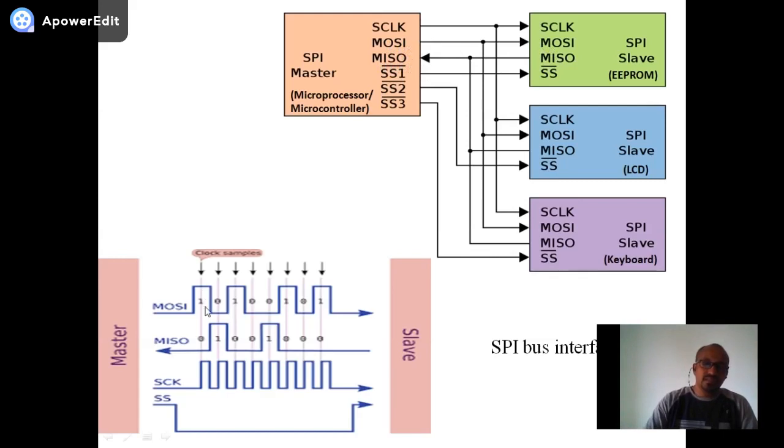Here you can see in the timing diagram, the master takes the initiative, then clock samples are sent, and at the same time it makes the select high, and then the data is transferred. Bidirectional means at the same time both master and slave can exchange the data. Here you can see this.